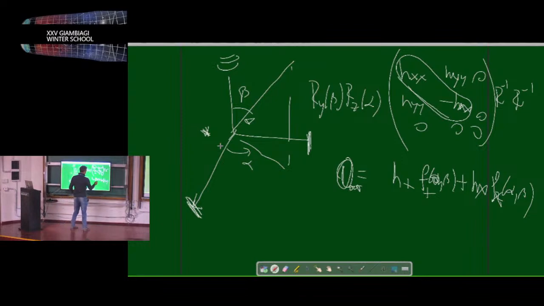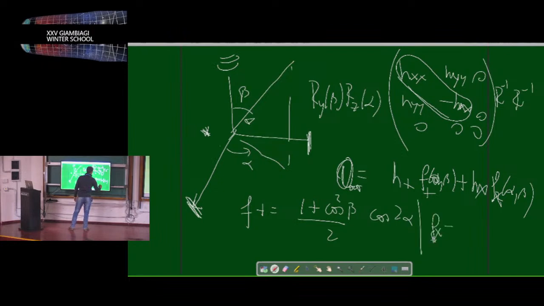So the actual form of these two functions, just from the rotation, is this one. This for f plus, and f cross is equal to cosine beta sine of 2 alpha.